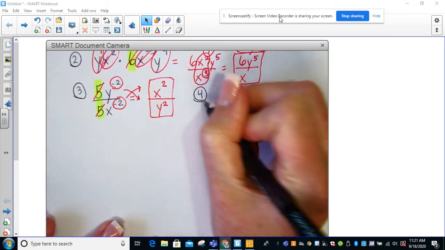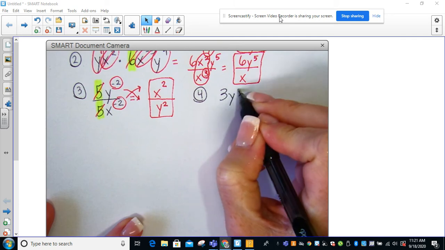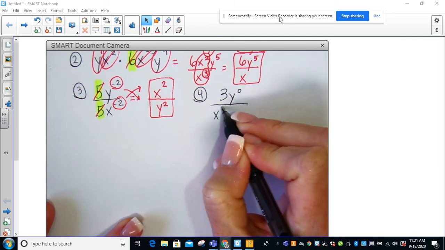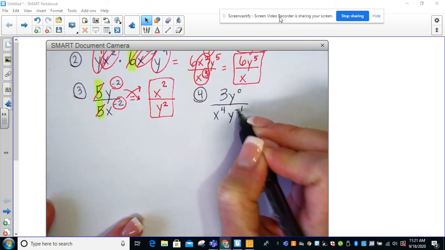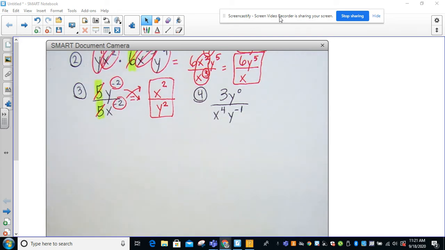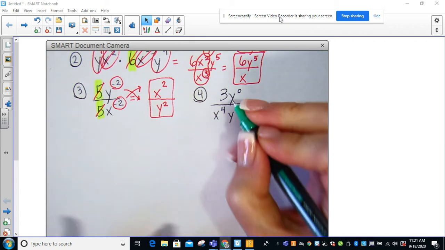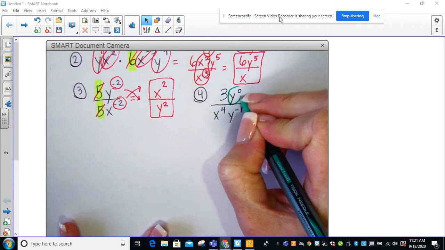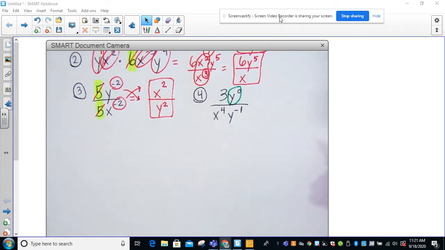Again, if you want to try number 4 by yourself, and then turn me back on and check it, now's the time to do that. 3 times y to the 0 power over x to the 4th, y to the negative 1st power. The absolute first thing I recognize is the 0 power. And the y is the only thing that's going to the 0 power.